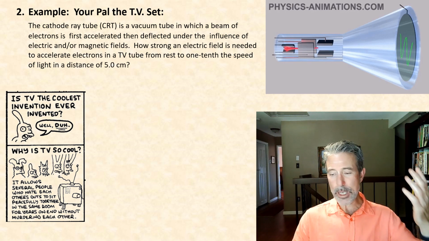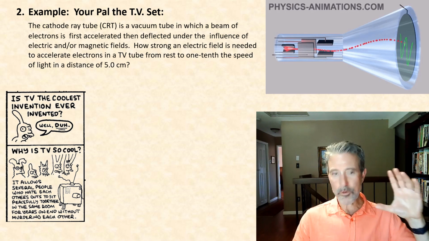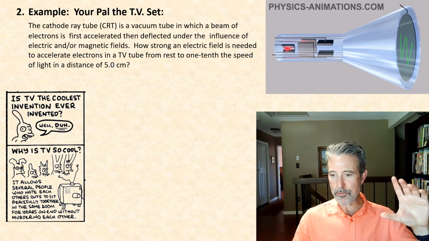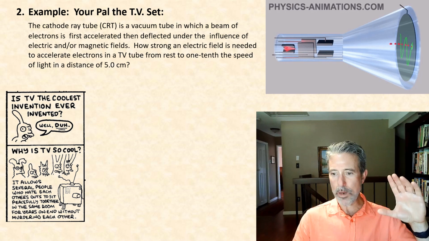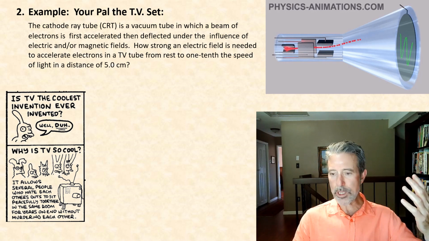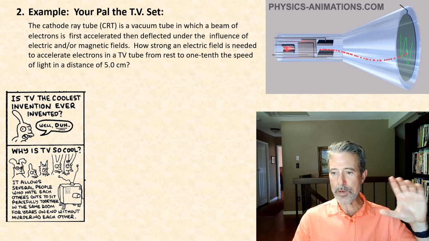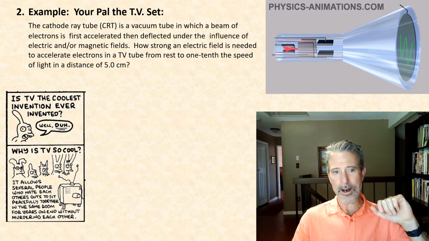As we were saying in the previous slide, when we're talking about a uniform electric field, we're talking about a constant acceleration, which means the kinematic equations are valid. As with any kinematics problem, we start by identifying what kinematic information we are given and what we're trying to find.